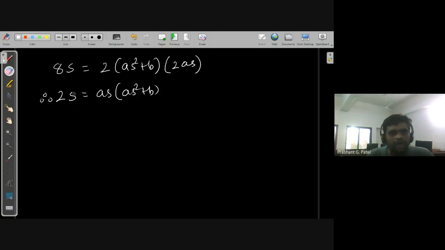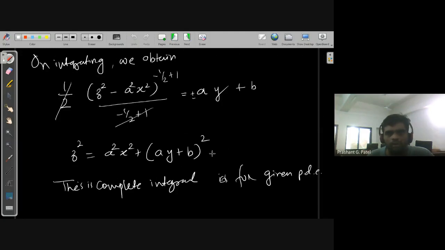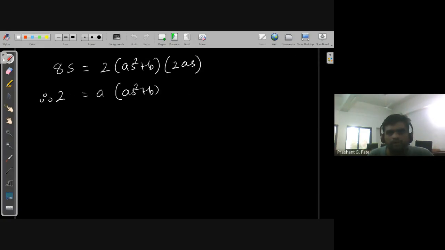So actually it will have 2 equal to a into as square plus b. Now if I call this equation number 1, this is equation 2 and this will be equation 3.